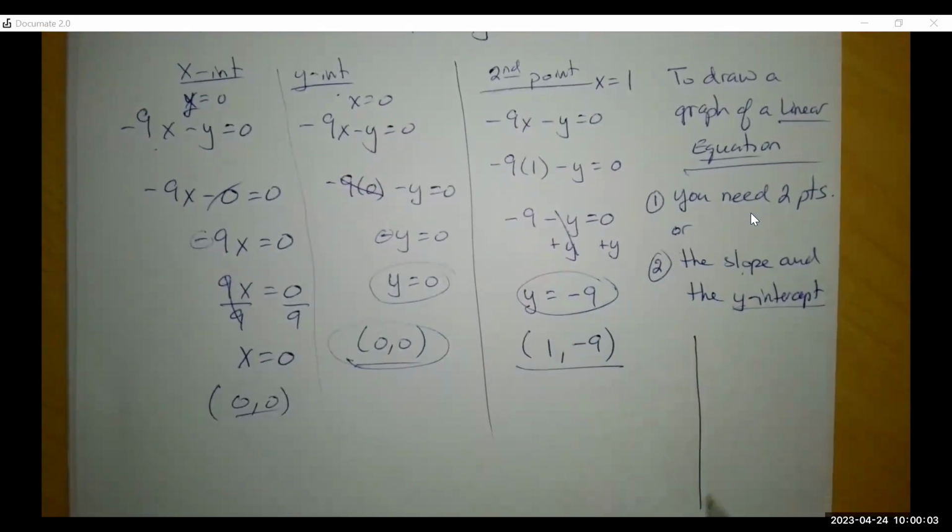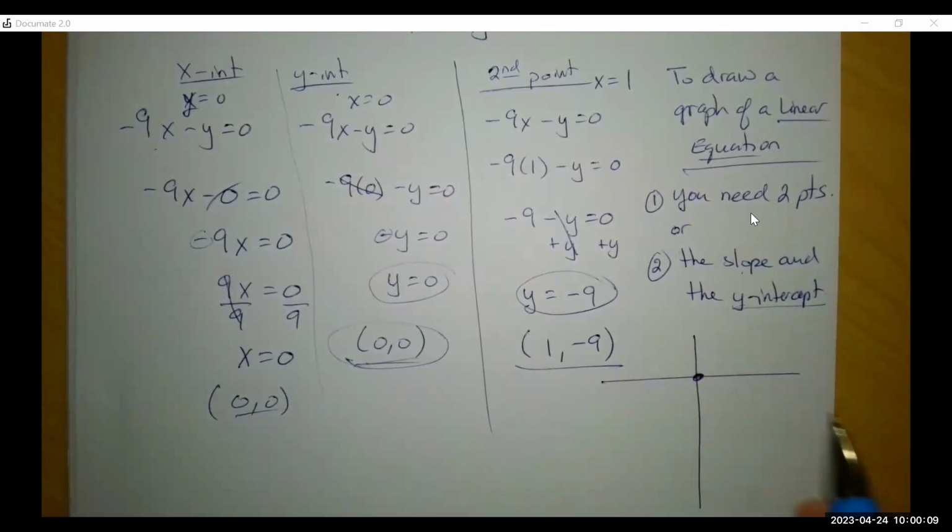So to graph it, the first point is at 0, 0.